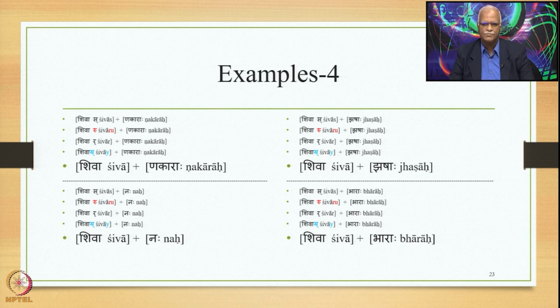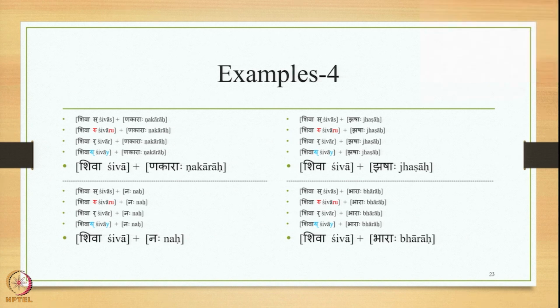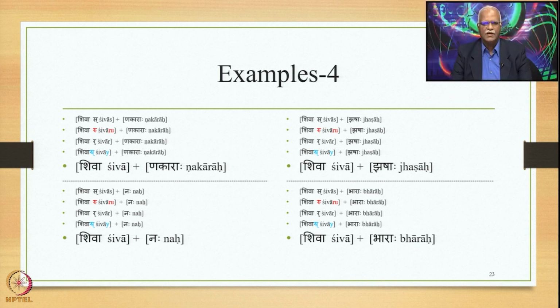Then we have Shivas plus Jhashaha as the basic input, and then the sutras apply and the process happens, and the finally derived form is generated, namely Shiva plus Jhashaha with the 0 or deletion of Ya. Then we have Shivas plus Bharaha as the basic input, and the same procedure happens, and we get the final output in the form of Shiva plus Bharaha.